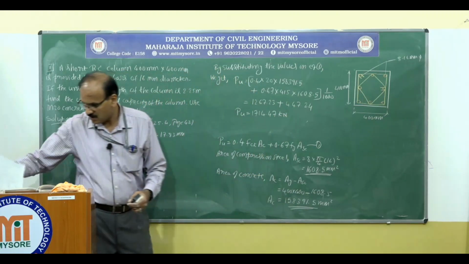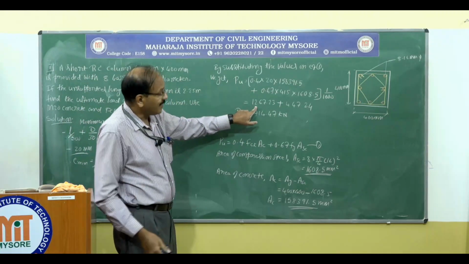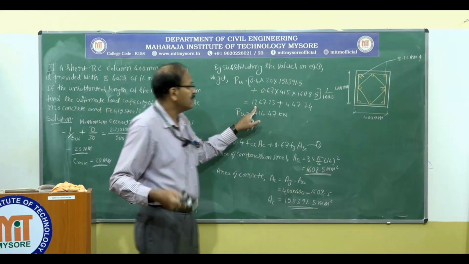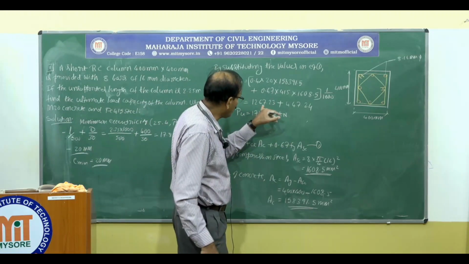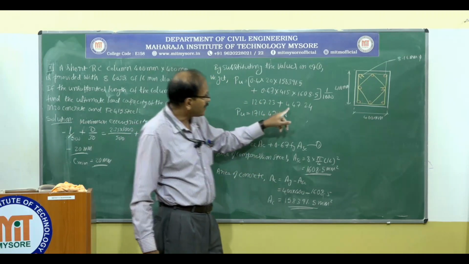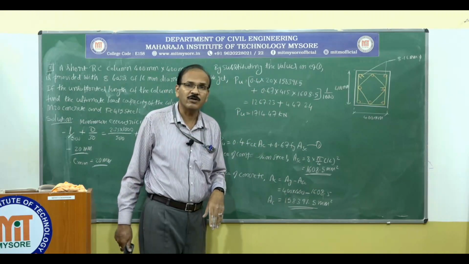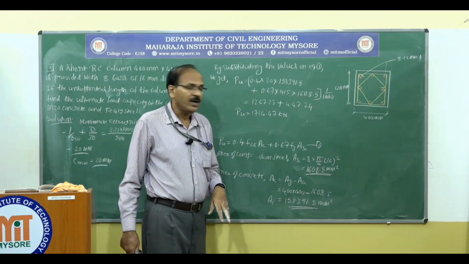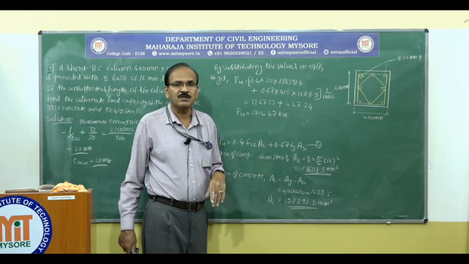That means the design strength or the ultimate compressive strength of the concrete part of the column is 1267.23 kilonewton and the steel part of the column is 447.24 kilonewton. And the total is 1714.47 kilonewton.